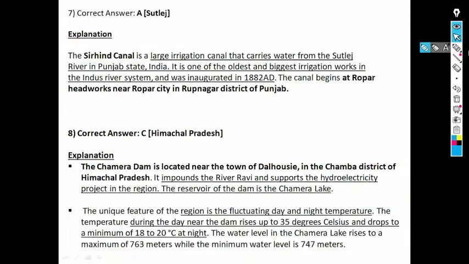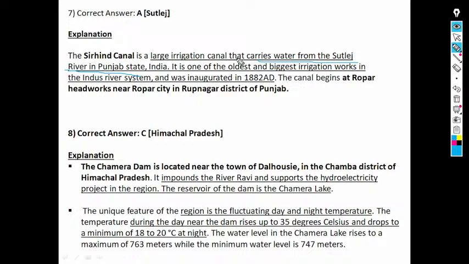Sir-Hind Canal is a large irrigation canal that carries water from the Satluj river in Punjab, India.